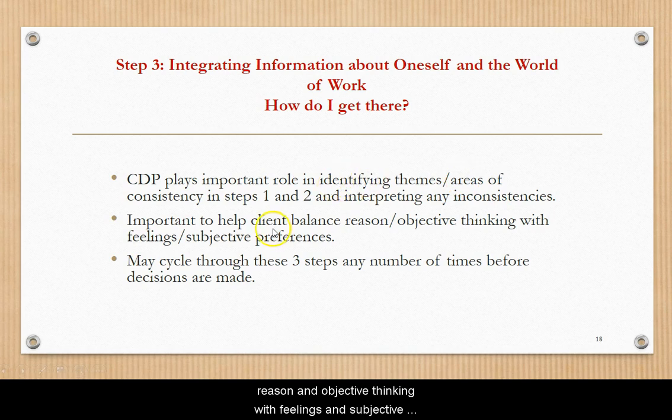It's really important when the client is trying to make these choices to help them balance reason and objective thinking with feelings and subjective preferences. And what I mean by that, as an example, is when I worked in the counseling office at George Brown, I used to have a lot of students come in to see me who had discovered at some point in their program that they really didn't like doing what they were doing.